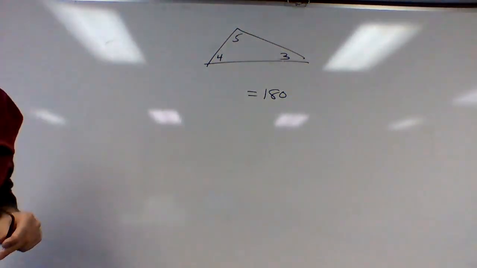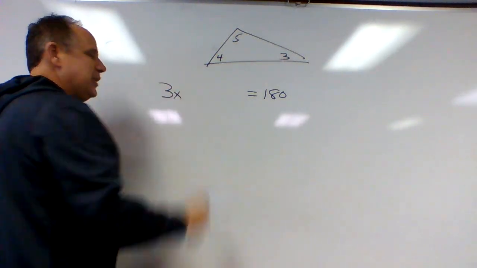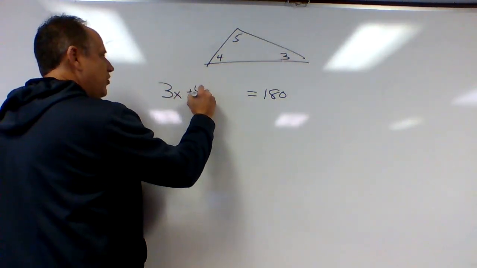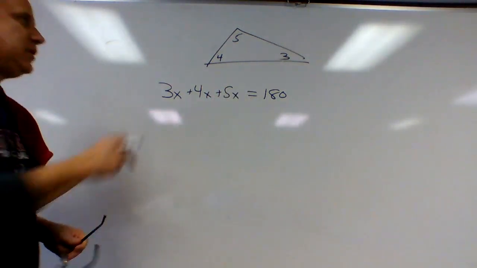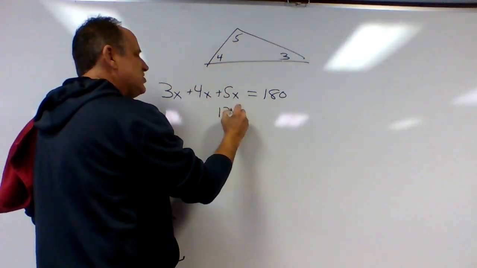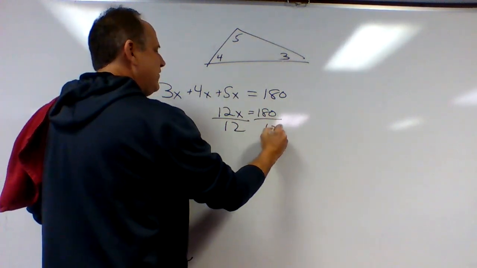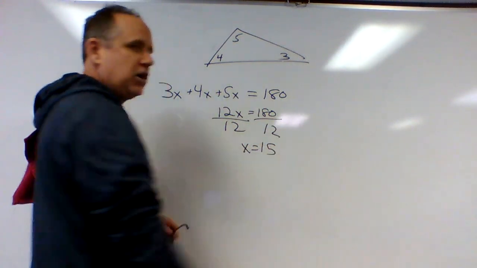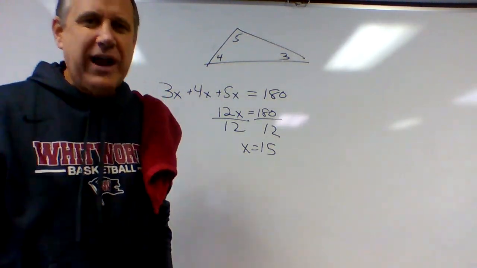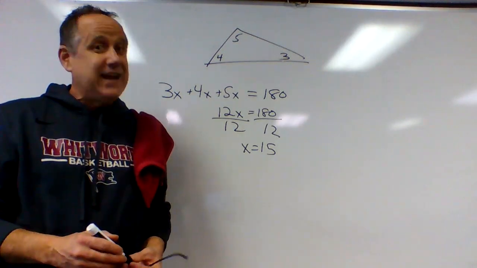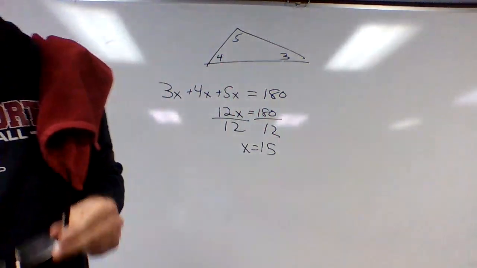So we add a variable to that: 3x plus 4x plus 5x equals the total. When we add these up, we get 12x equals 180. Divide by 12. X is going to equal what, Cole? Cole, are you awake? 15, yeah. I know you knew that. So that's how we're doing extended ratios.